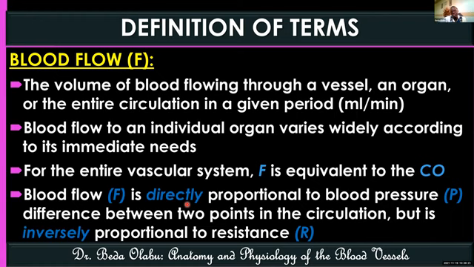Imagine the aorta and also the anterior tibial artery. So those are 2 points in the circulation. The blood flow between the aorta and the anterior tibial artery is directly proportional to the pressure difference between those 2 points. So look at the pressure in the aorta, look at the pressure in the anterior tibial artery.